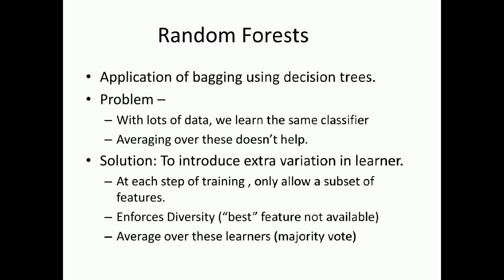Random forest is an application of bagging using decision trees, and the problem is that with lots of data we learn the same classifier, and averaging over those doesn't help. The remedy is to introduce extra variation in the learner. At each step of training we allow only a subset of features, which enforces diversity, since the best feature may not be available, and we average over those learners with the majority vote.